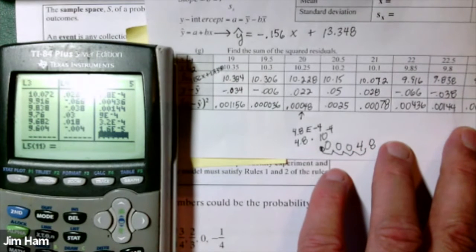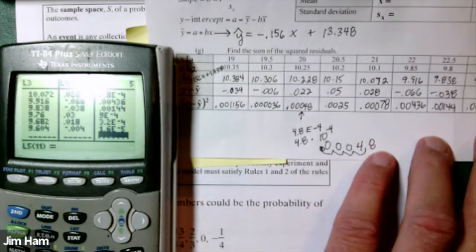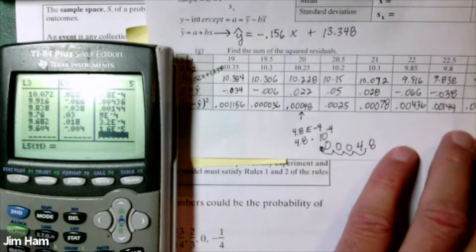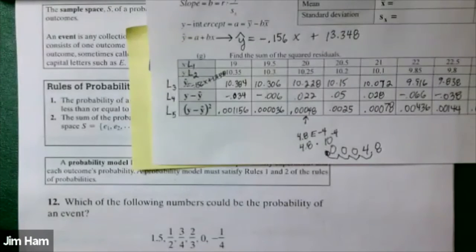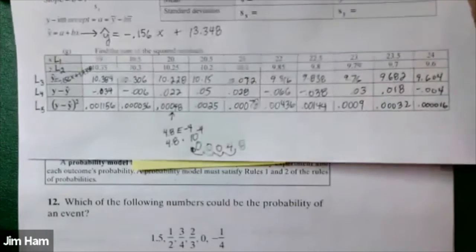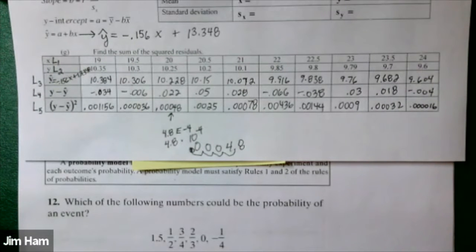Point 1, 2, 3, 9. 0.1, 2, 3, 3, 2. 0.1, 2, 3, 4, 1, 6. All right, so I chose not to write them in scientific notation. You can see all of those numbers are tiny, and when they're tiny, there's not a lot of deviation from the data points to the line, so you're going to get a very good best fit line.